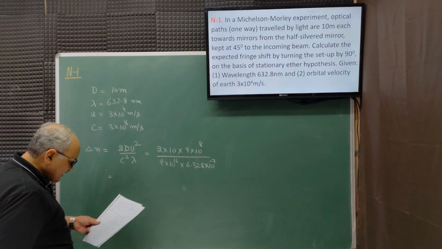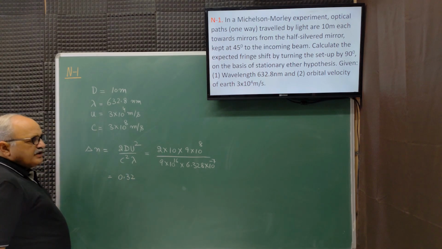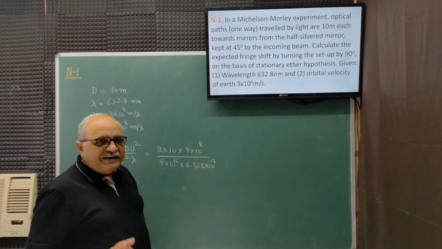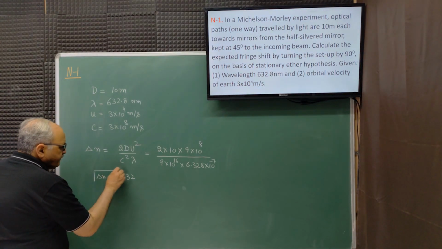Once it is done, this comes out to be 0.32. That means there is a shift of nearly 1/3 of a fringe. This is your answer.